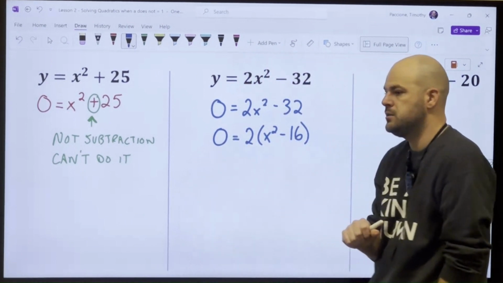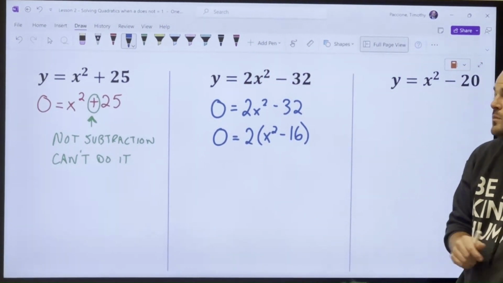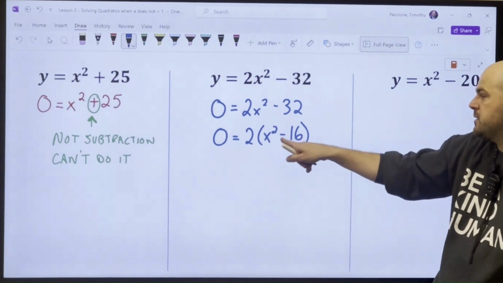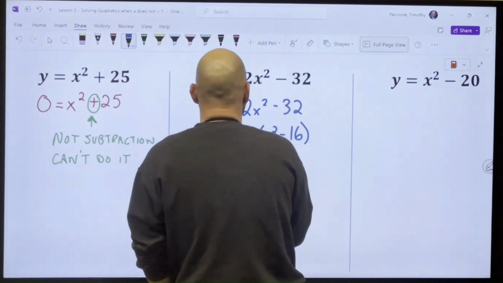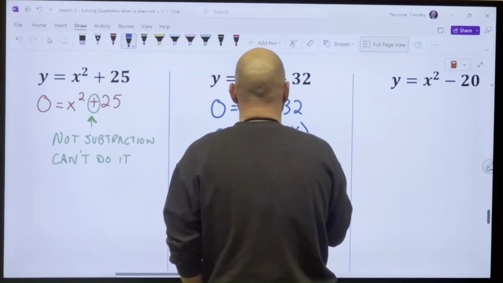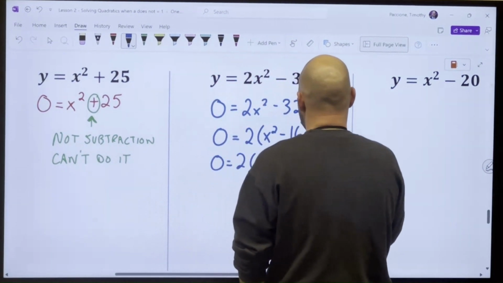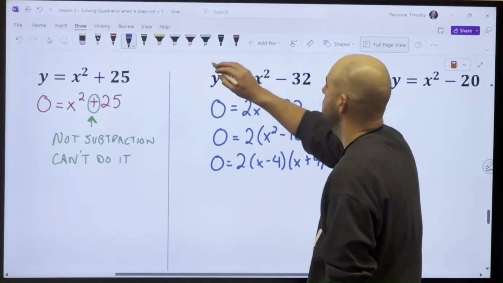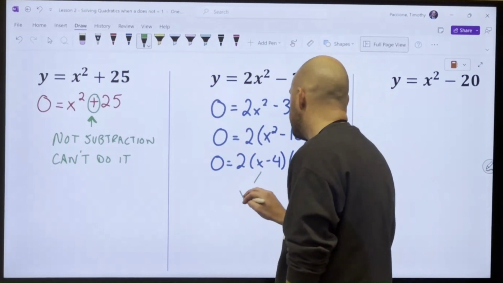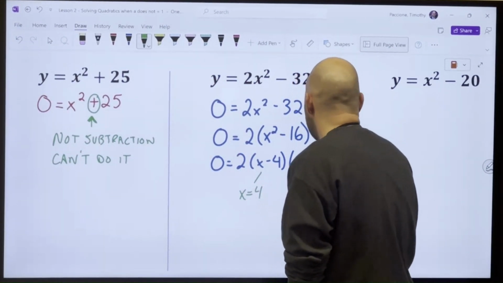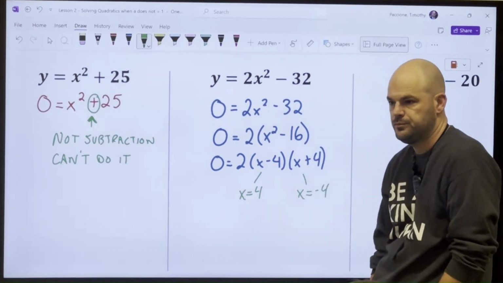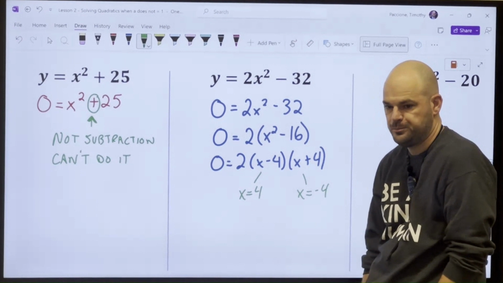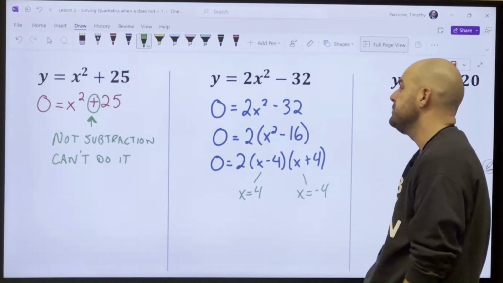What do we notice? Perfect square, difference. We can do our thing, right? So this is 0 equals 2 times x minus 4, x plus 4, and x equals 4, x equals negative 4. You're done. Pretty handy, right? All right, one more.